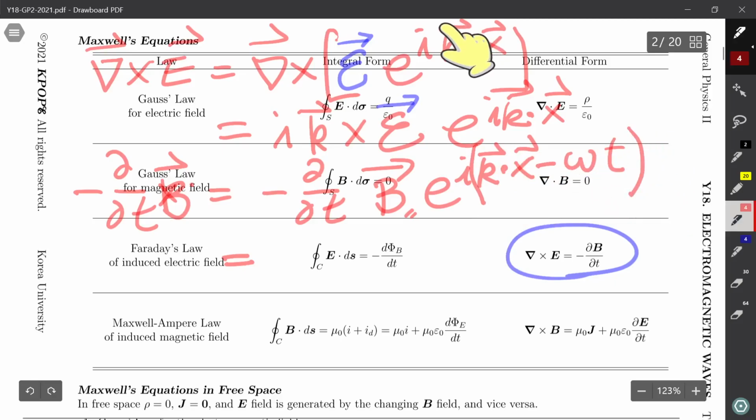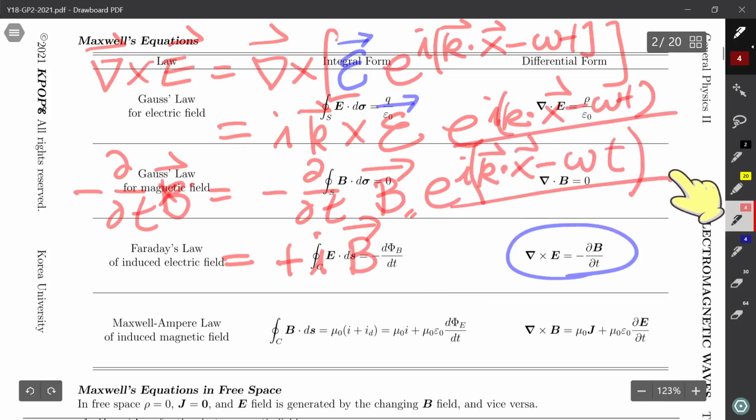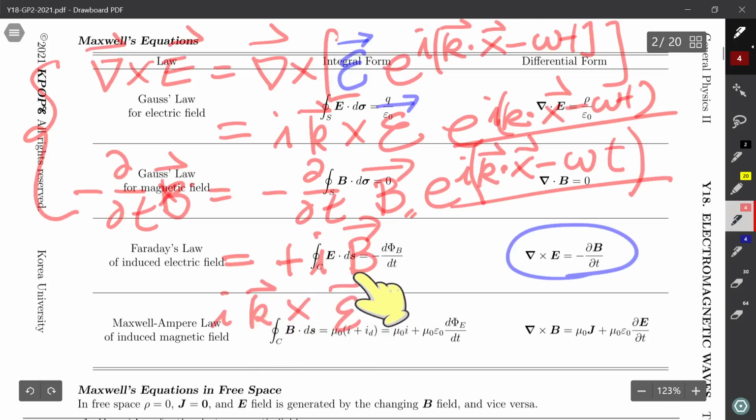Because it's a wave, we need to add the additional piece minus omega, so for the time derivative I get minus omega, so plus i v. So from this relation, ik cross E equals iv.